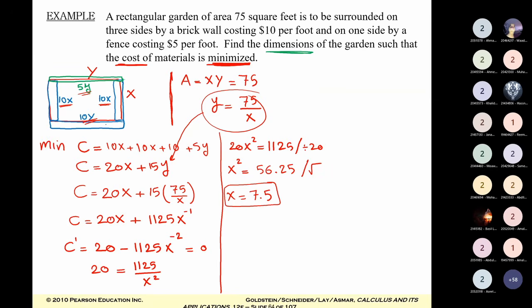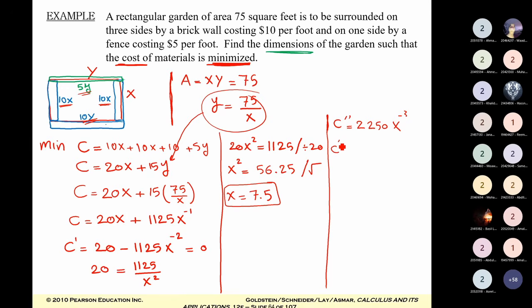Now we need to use the second derivative test to check whether at 7.5 we have a maximum or minimum of the function C. So second derivative test: C double prime equals 2250 x to the power minus 3, since the derivative of minus 1125 x to the power minus 2 is positive.